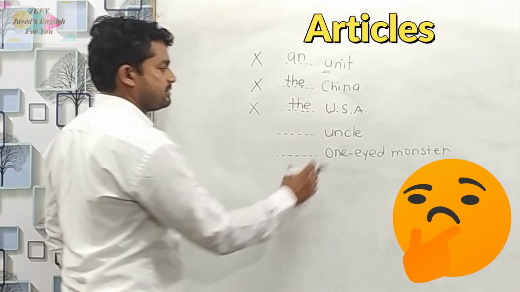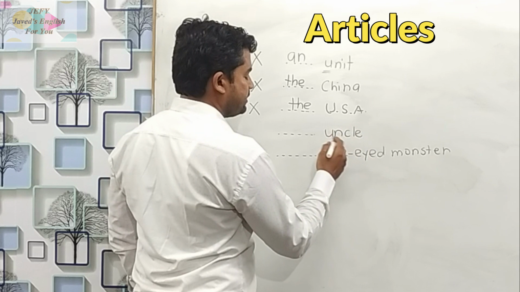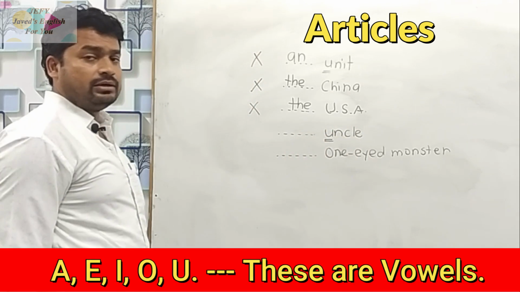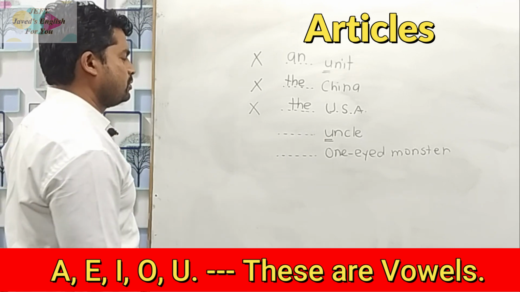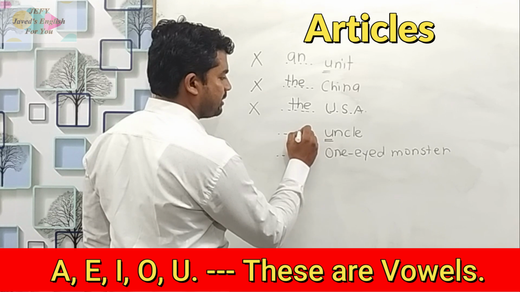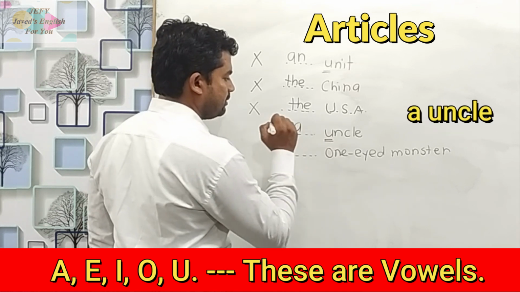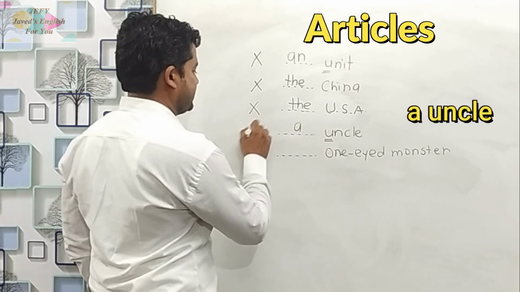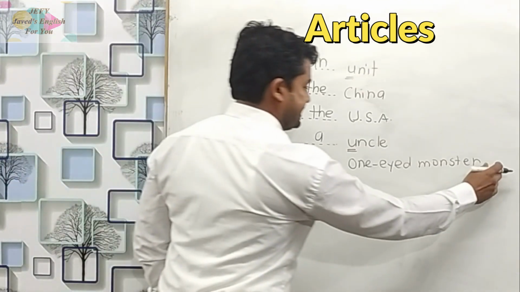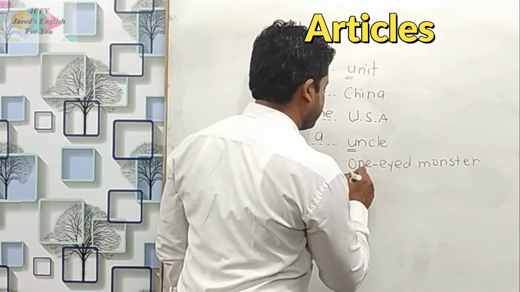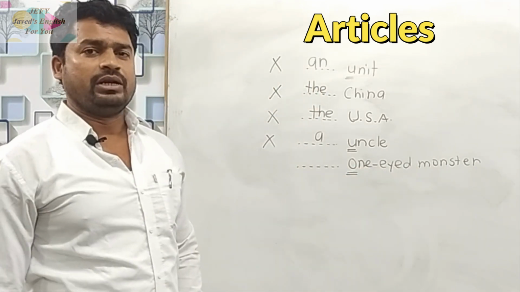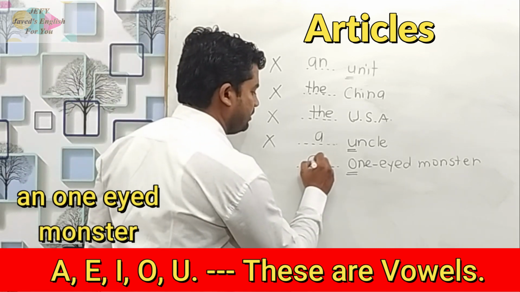In the next case, uncle, it starts with a vowel, so should I put a uncle or an uncle? Once again I am wrong. And in this case, one-eyed monster, one begins with O. O is a vowel, so let's put an.